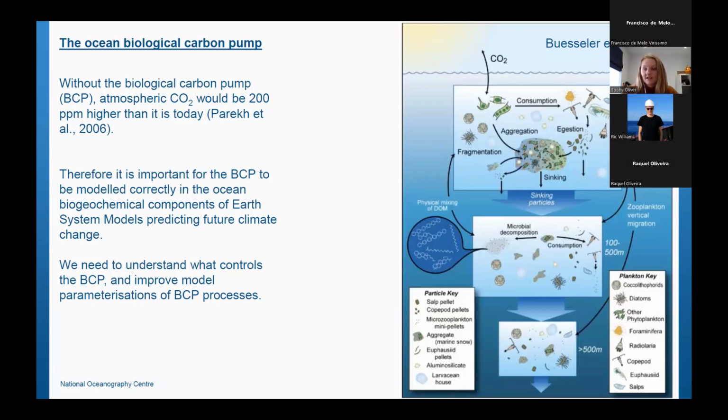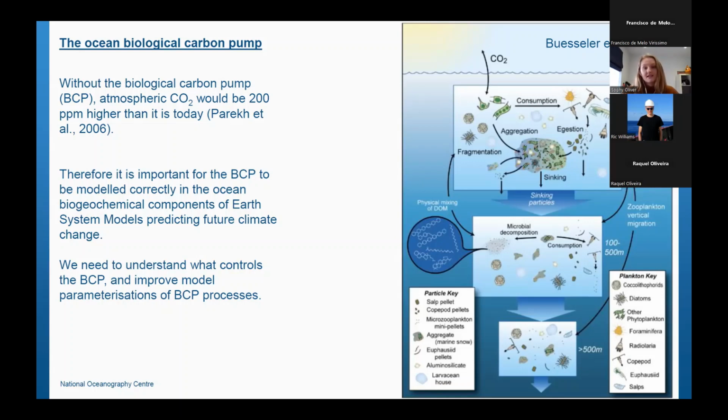As they sink, they get remineralized back into their dissolved components. But some of these particles or detritus won't get remineralized until they reach deeper down in the ocean, meaning the carbon in the particles can get locked away in the deep ocean for up to 1,000 years. So we have this vertical transport of carbon from the surface ocean to the deep.